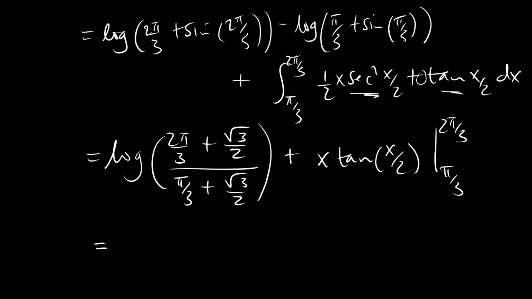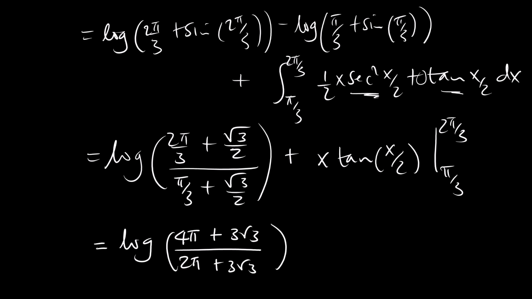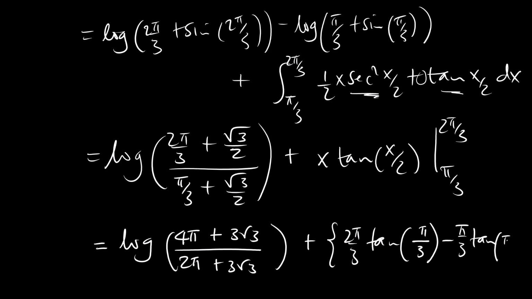and this is the same as log of 4 pi plus 3 root 3 over 2 pi plus 3 root 3 plus 2 pi over 3 tangent of 2 pi over 6, which is just pi over 3 tangent pi over 6.